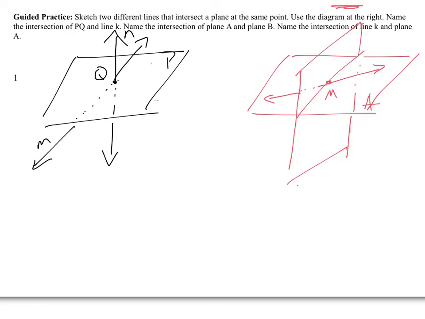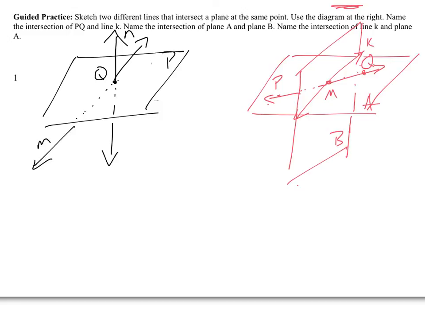And on this line, I'm going to have point P and then point Q. So that line has 3 points, P, M, and Q. And then I drew the second plane and we labeled the first one A, so let's label the second one B. And this line that I drew in here that connects these two planes, we'll call that k. And that should be lowercase.